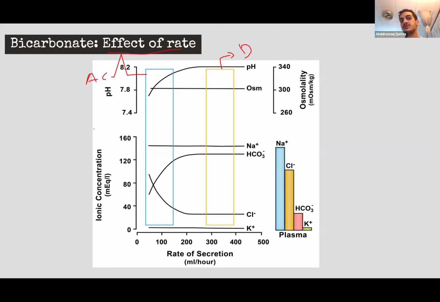One thing you need to understand before we go into this diagram is that the acinar cells will have isotonic secretion. What I mean by isotonic secretion is the acinar secretions will have the same count of ions as the plasma.